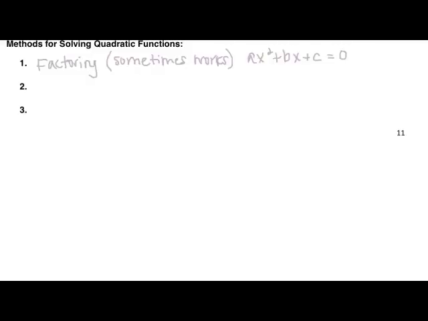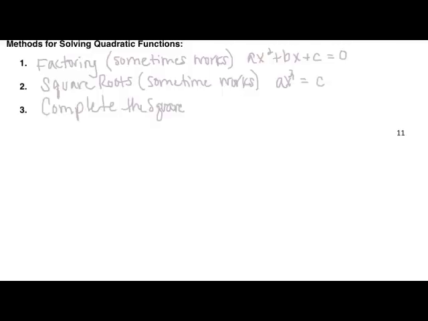The second method that we talked about is square roots. And again, solving with square roots sometimes works. In order to use the square roots, it has to be in the form ax squared equals c. Again, if we have that middle x term, we cannot use the square roots. And lastly, we just talked about completing the square. And completing the square always works.